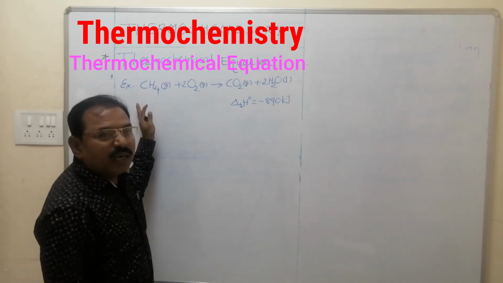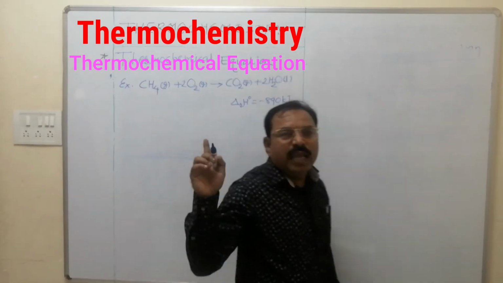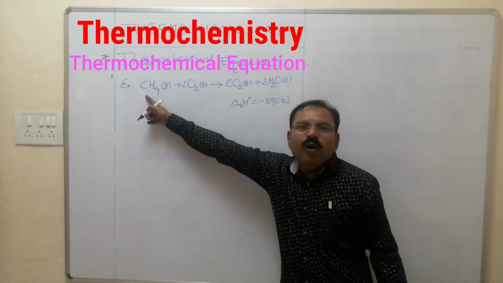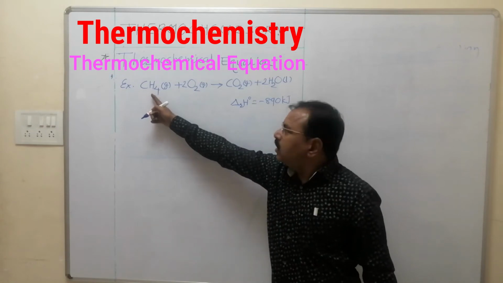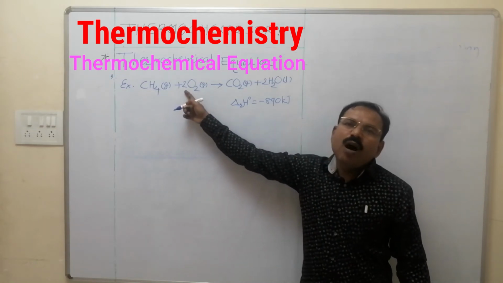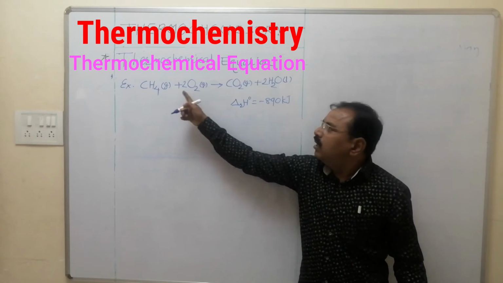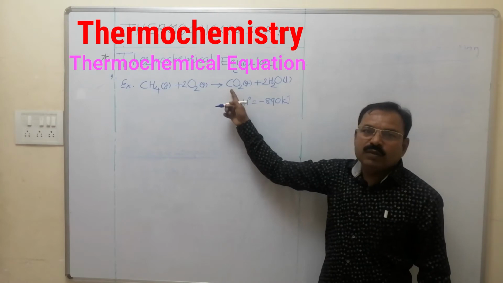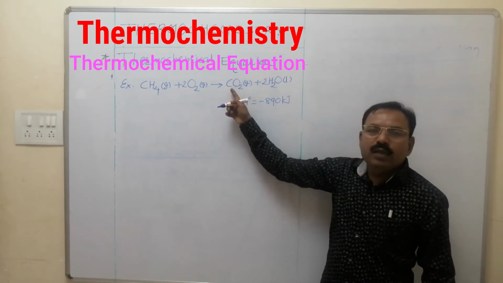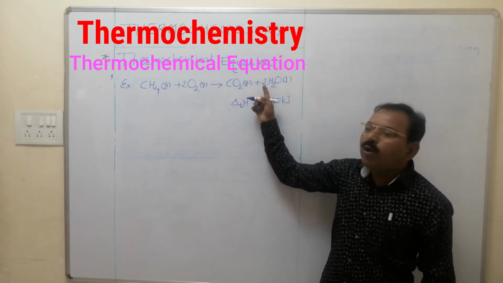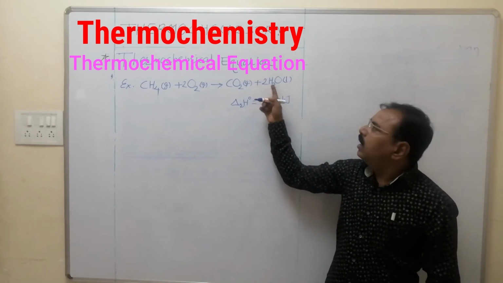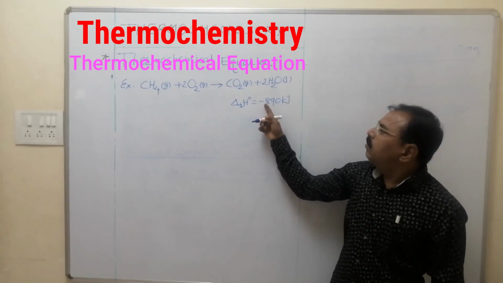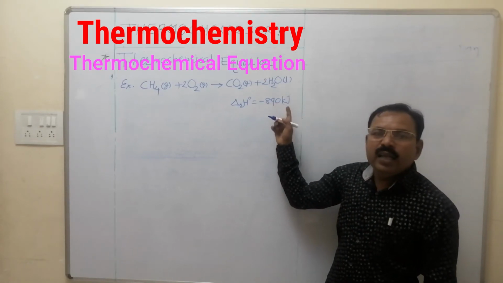Now the interpretation of this equation is like this: this equation indicates that when 1 mole of CH4 gas and 2 moles of oxygen gas in their standard states react to produce 1 mole of carbon dioxide gas and 2 moles of liquid water in their standard states, the enthalpy change is minus 890 kilojoule.